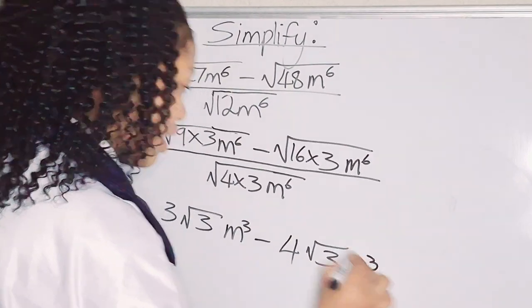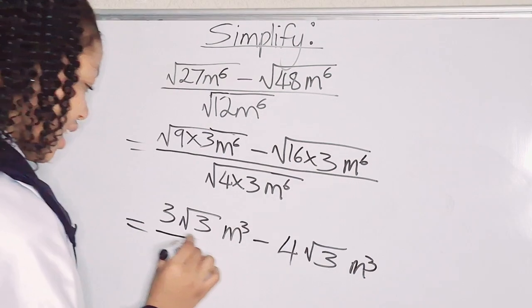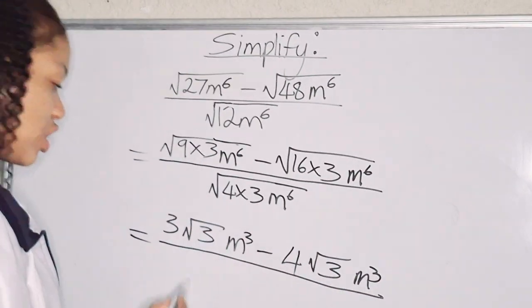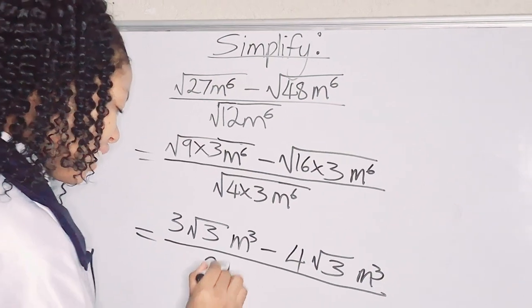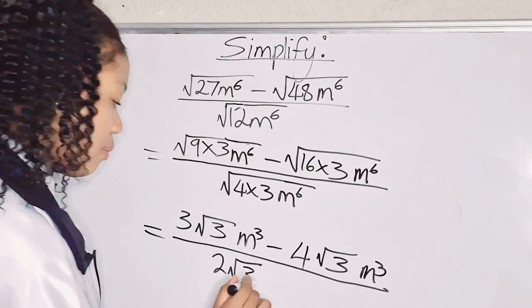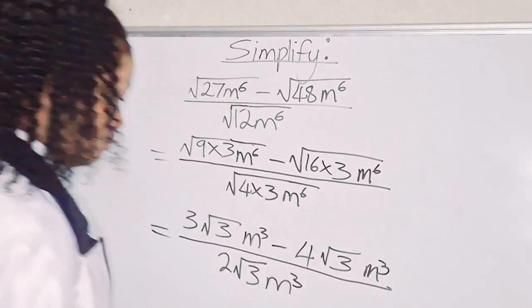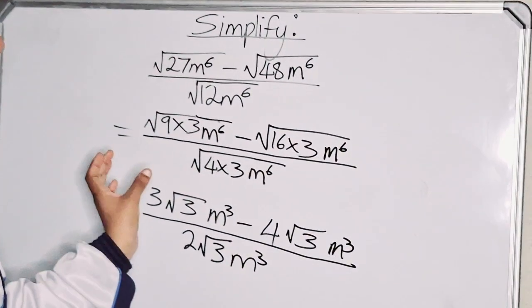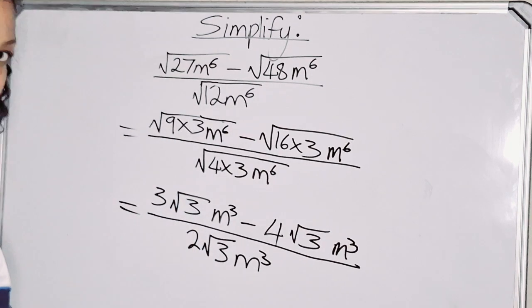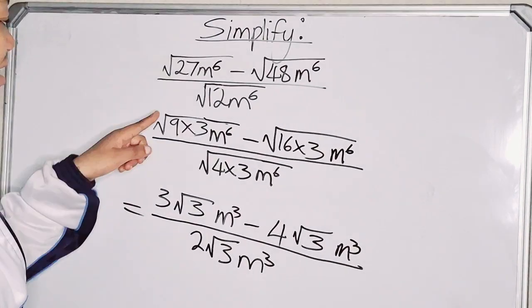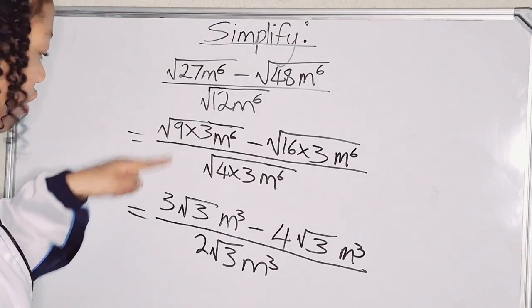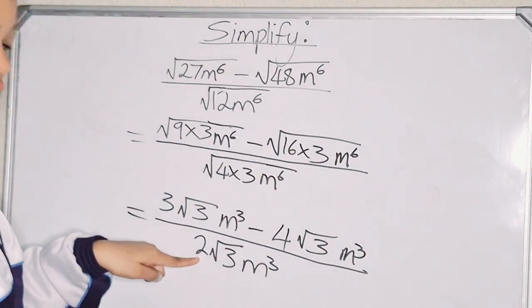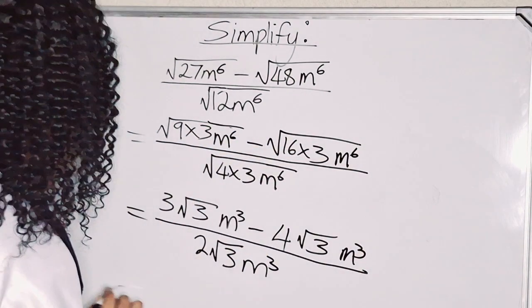This one again, we do the same thing: the square root of 4 is 2, so I write 2, then the square root of 3, then m to the power of 6 becomes m to the power of 3. Just like that. Firstly we separate in a way that we have at least a single number with a square root. Then we take the square root: the square root of 9 is 3, of 16 is 4, of 4 is 2. And then the next step.